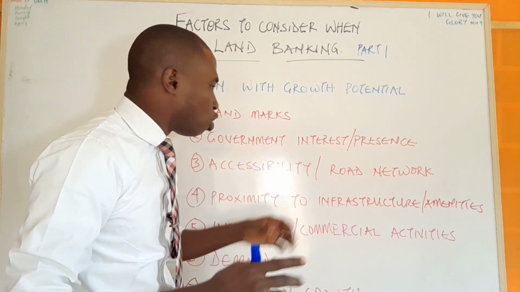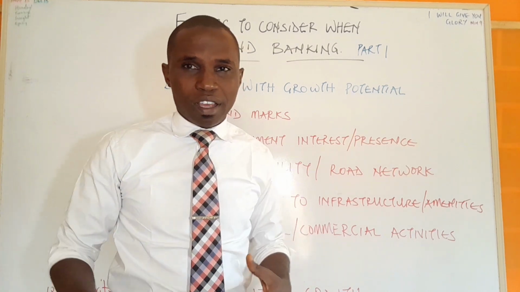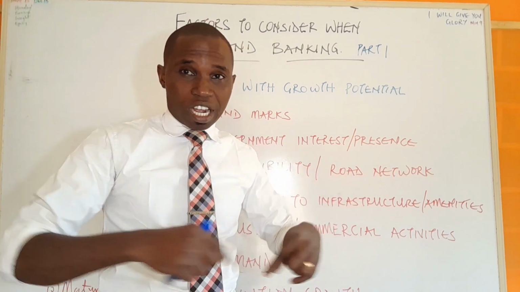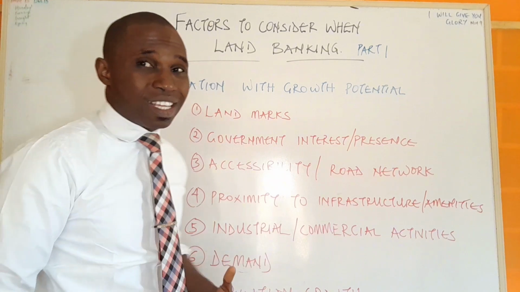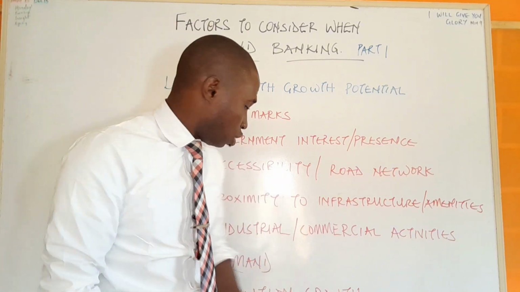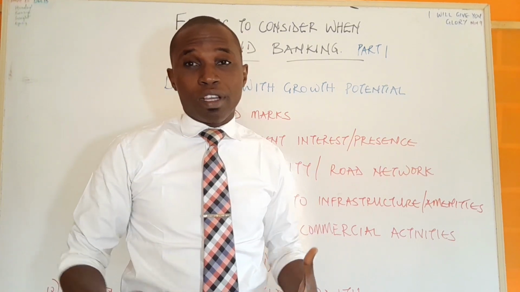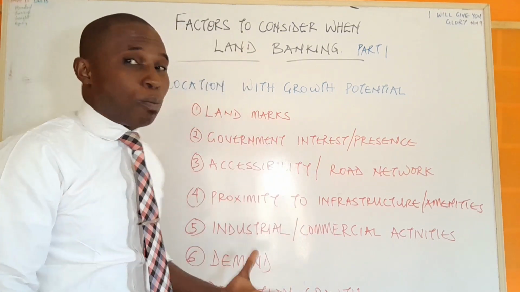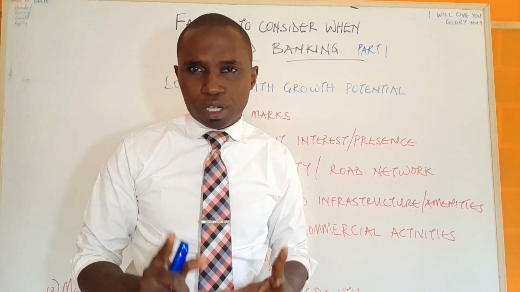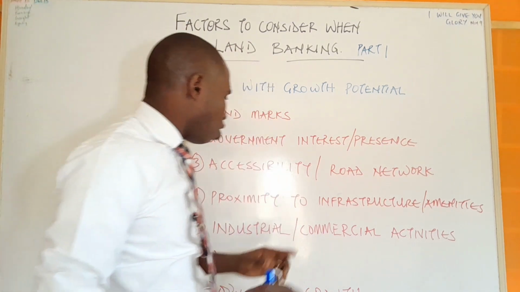Number five is industrial and commercial activities. Then number six is demand for that location. Number seven is population growth. What is number eight?